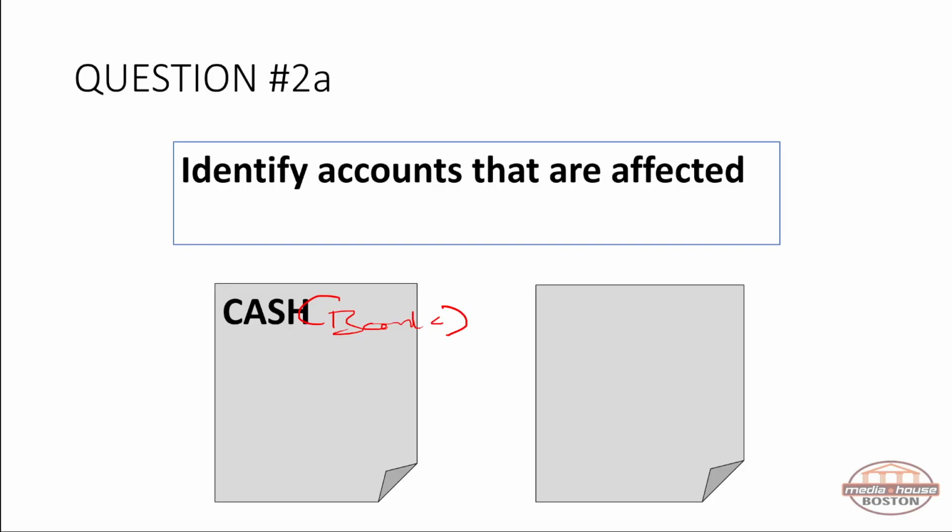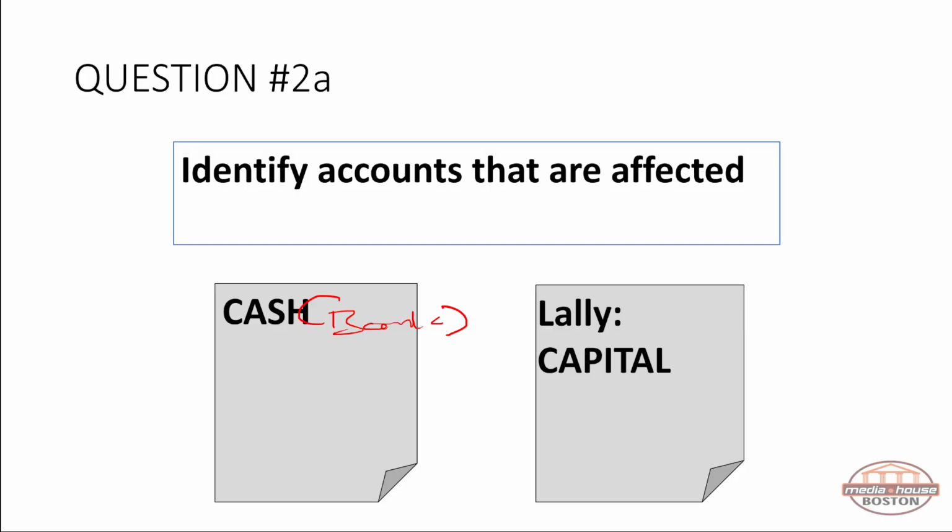Since the owner deposited the money in the business, we're going to create an account called capital, and we're going to write the name before it, indicating that this is Lali capital contribution.